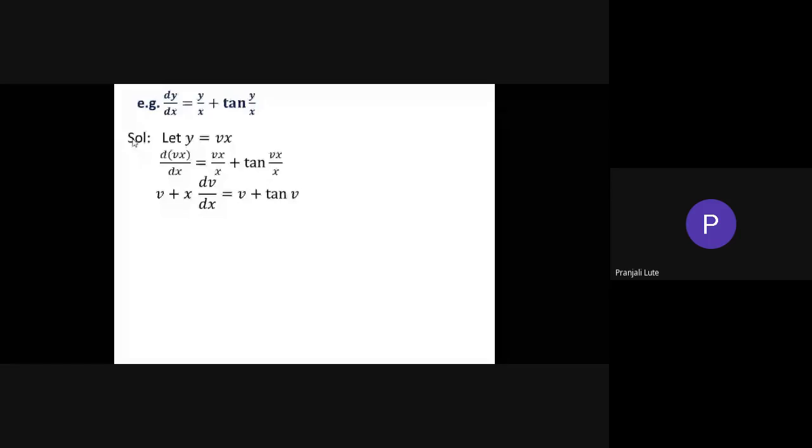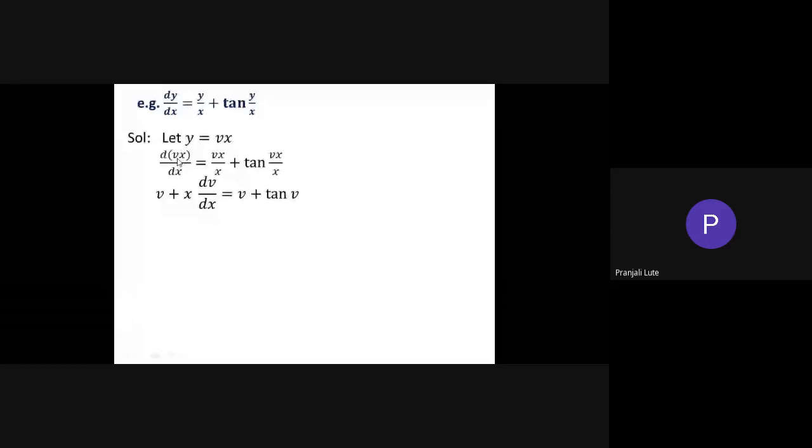First function v into the derivative of x with respect to x, which is 1, plus second function x into the derivative of the first, dv by dx, equal to v plus tan v, where x gets cancelled, so the answer is tan v.